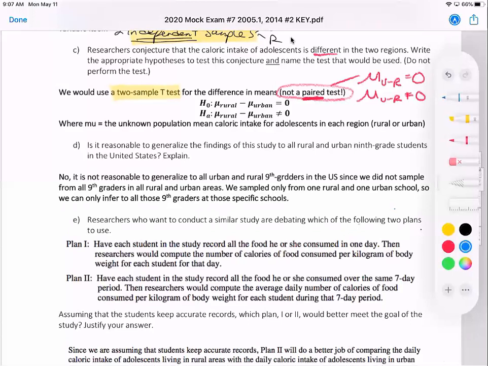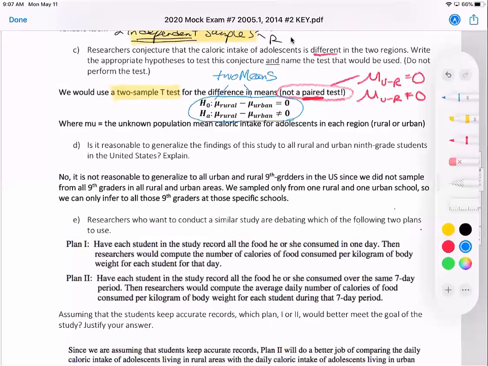However, if you've said it's not paired, which you should have said, these would be the hypotheses that you write. You have 2 means. This is a 2-sample t-test, so you should have 2 mu's, 2 means. And it doesn't matter if you did mu urban minus mu rural, you can flip-flop those.